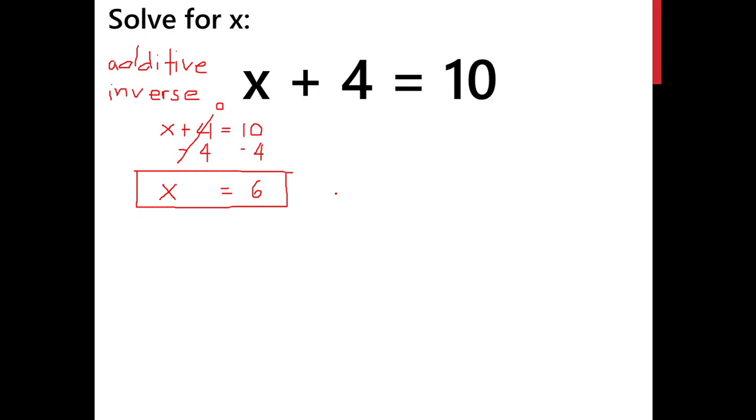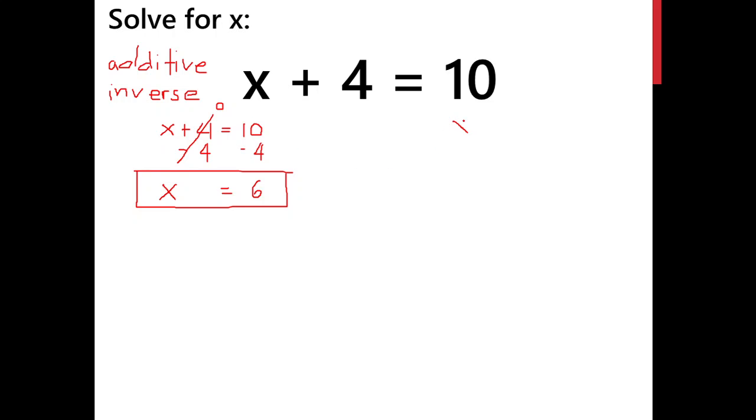Did you get the same answer? Very good. Then I'll be teaching you now the other method, which is the transposing method. This is just a shortcut of the additive inverse without the adding of the inverse of a certain term.